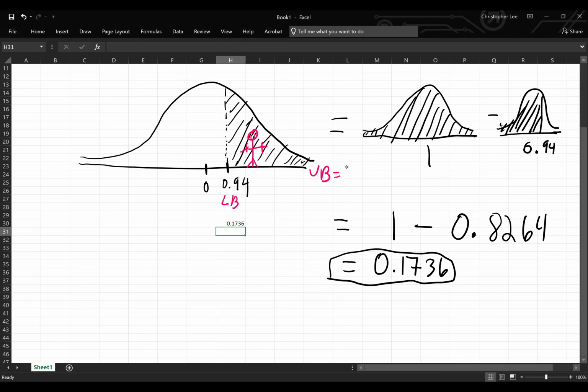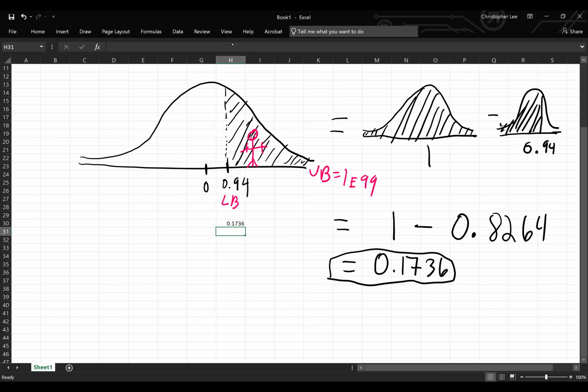Which we know is going to be 1E99. And that's it. Then you just do the normal CDF and you get the answer.